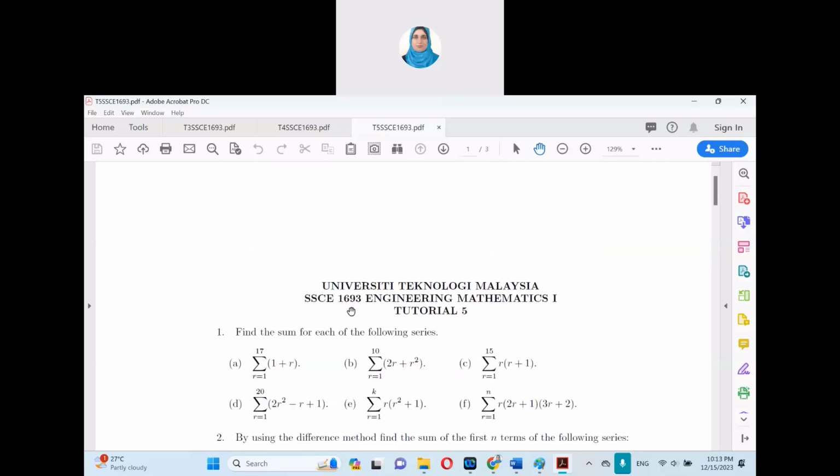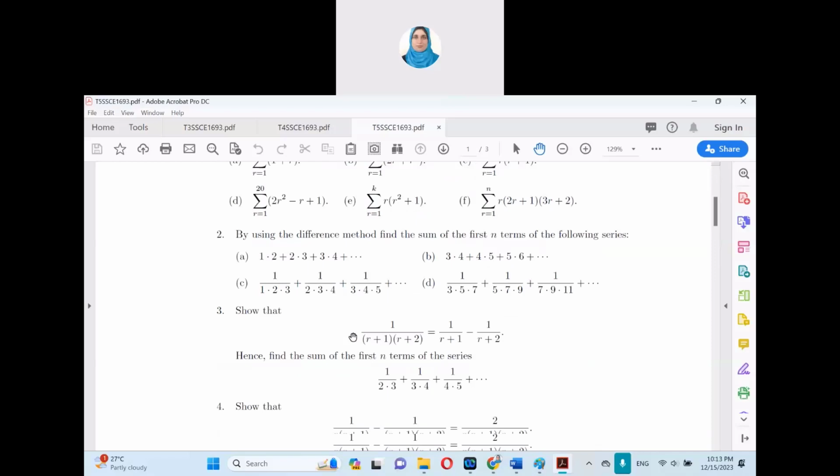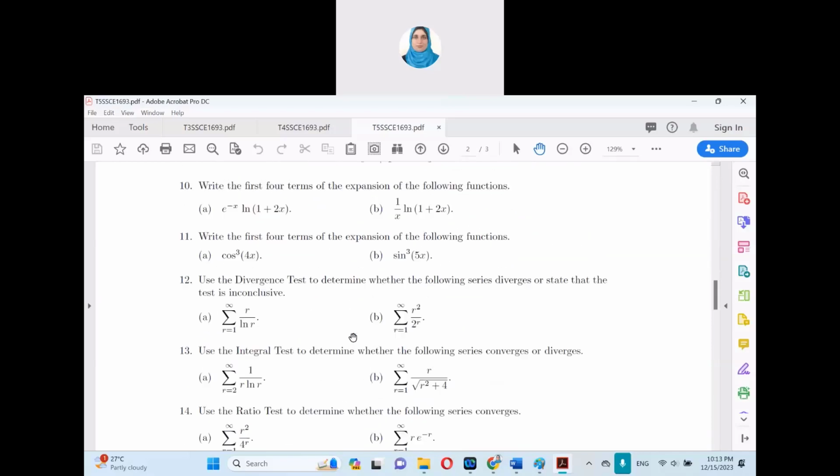If you have any question, you can use 13b. For 13b, you need to be sure first, is it decreasing or not? If not decreasing, you cannot use the integral test. I think in one of the lecture note examples, we solved it using the integral test, but I think it was increasing, so we have a mistake there.